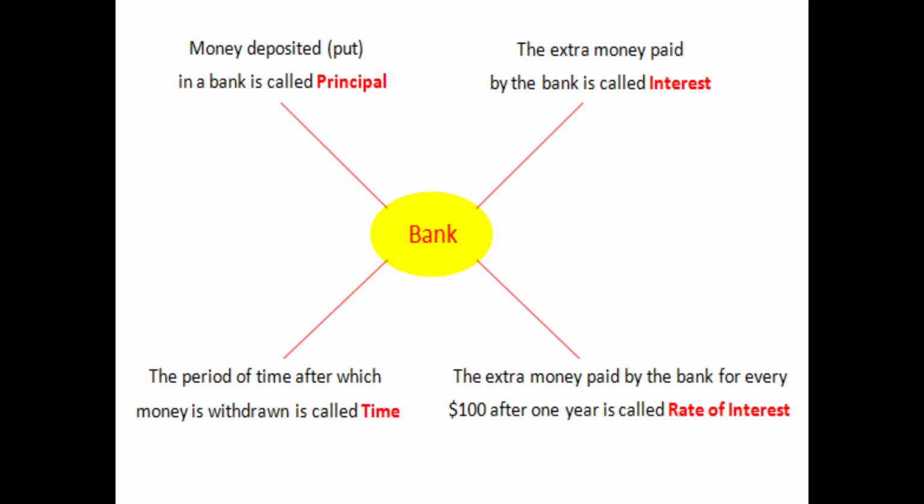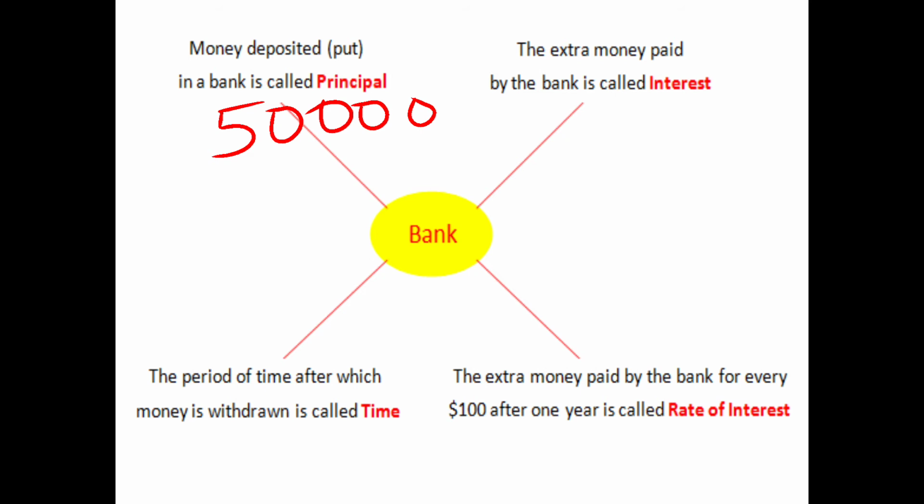For example, see here, this is a bank. Money deposited in a bank is called the principal. Suppose for example you deposited 50,000 in the bank. The extra money paid by the bank is called the interest.